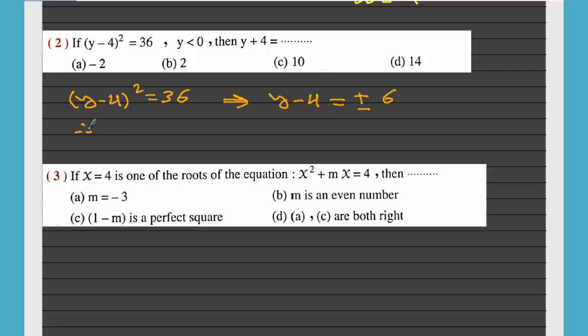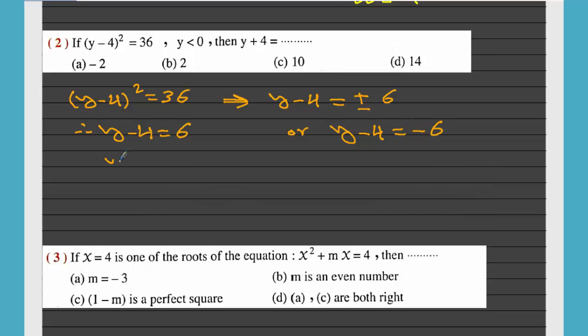So we have y minus 4 equals 6, or y minus 4 equals negative 6. y equals 6 plus 4 equals 10, or y equals negative 6 plus 4, which equals negative 2.